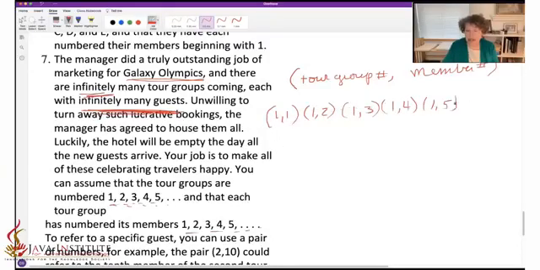So we've got this list of tour group 1. Then I'm going to list tour group 2. First person in tour group 2, second person, third person, fourth person, fifth person. Of course, I can't list them all. There's infinitely many, so I have to have a pattern. Third tour group.